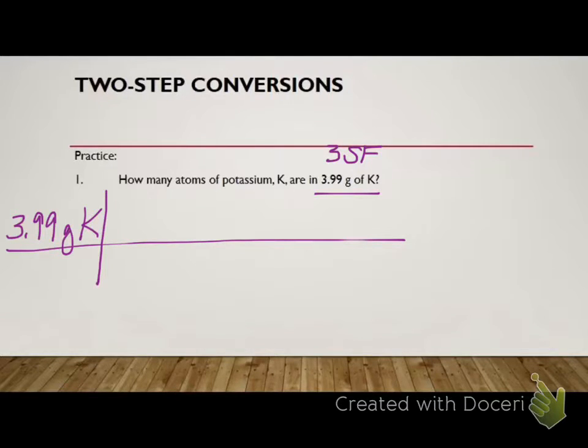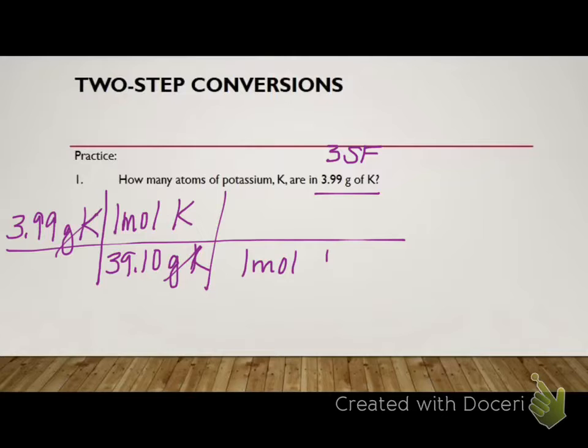Okay? I need the molar mass. That's the only way I can get out of grams, is using molar mass. 39.10 grams of potassium, 1 mole of potassium. So I got rid of my grams. Now that I'm in moles, I can go moles to atoms, since we're dealing with an element. So 1 mole of potassium is equal to 6.022 times 10 to the 23rd atoms.